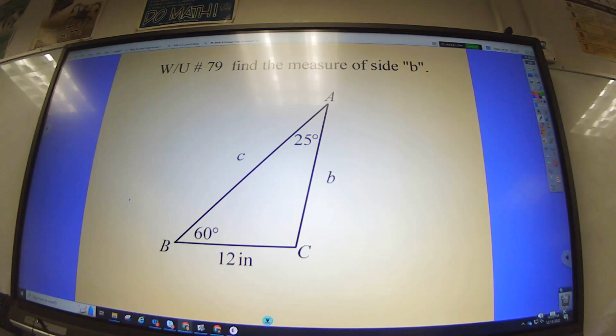Cosines. So we can write this as B squared equals A squared plus C squared minus 2AC cosine what? Big B. Right? Cosine of the angle opposite the side you're trying to find.